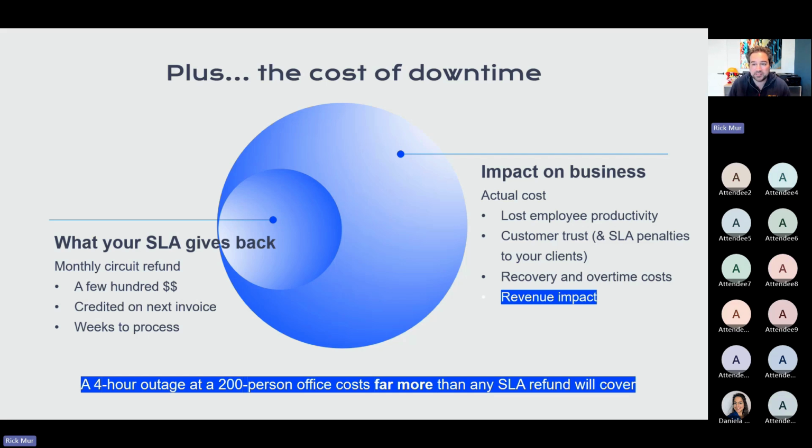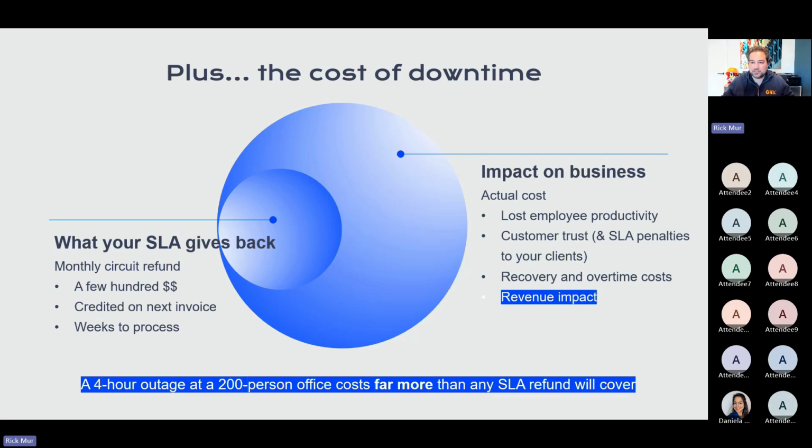I'm a firm believer, and I've said this at multiple events as well, that, jokingly, SLAs are pieces of paper. Peace of mind is something that you don't get. Of course, you need SLAs to keep each other accountable, to make sure that you actually have something to fall back on a legal basis. But the actual return that you get from that SLA is never going to cover the impact on your business.